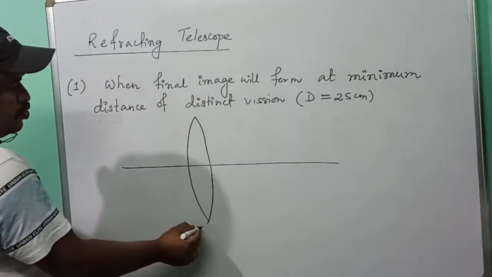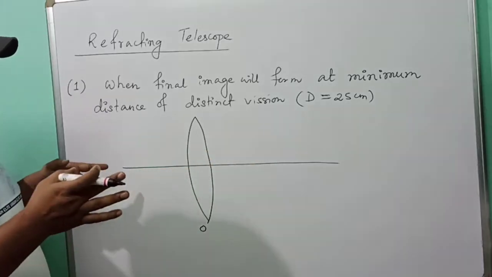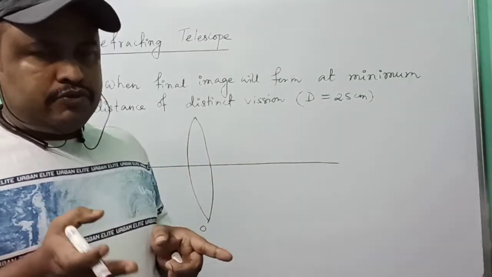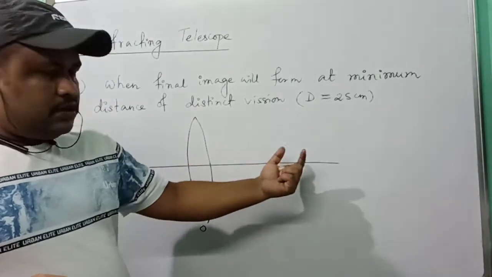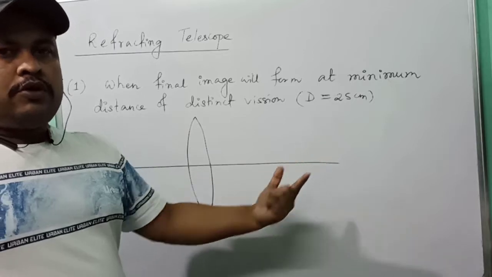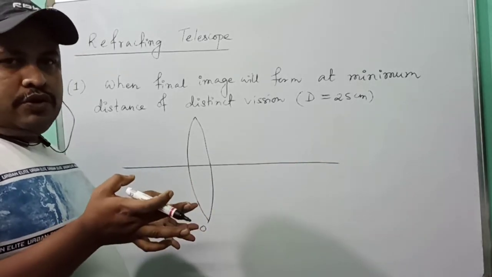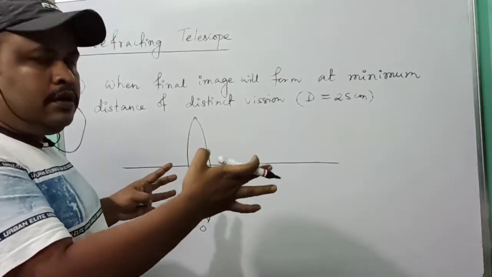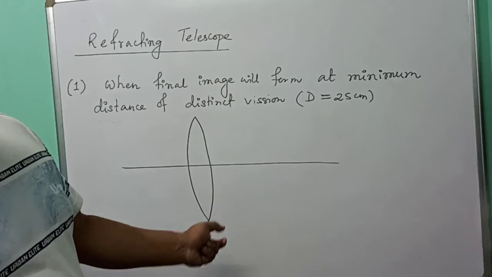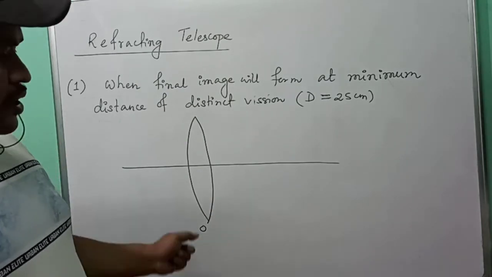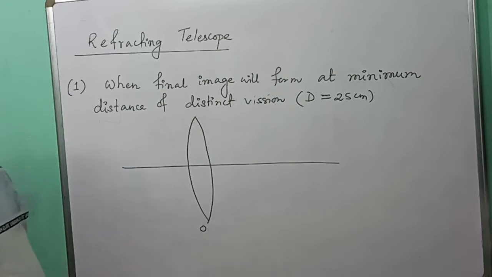Both the lenses, objective lens and eyepiece lens, are mounted coaxially, meaning both lenses have the same optical axis. And like a microscope, here also we can adjust the separation between the two lenses, or adjust the tube length of the telescope.